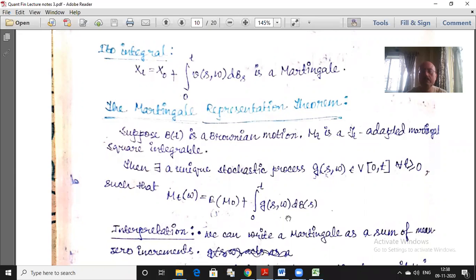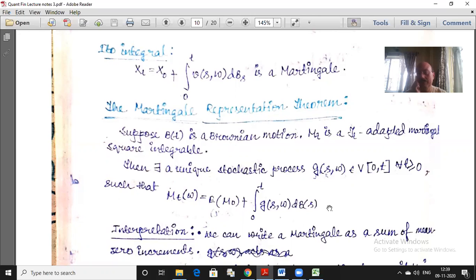Is the result clear? Because I'm not even going to attempt the proof. I'm just going to tell you what it is. So does it make sense? So once again, I just repeat that all the dB integrals we have shown to be martingales.